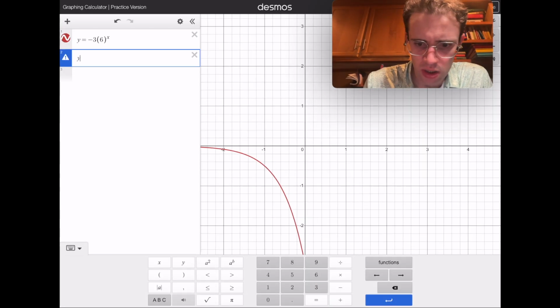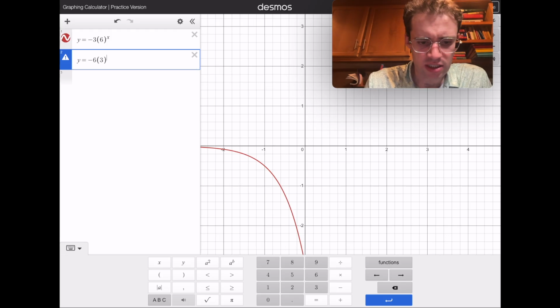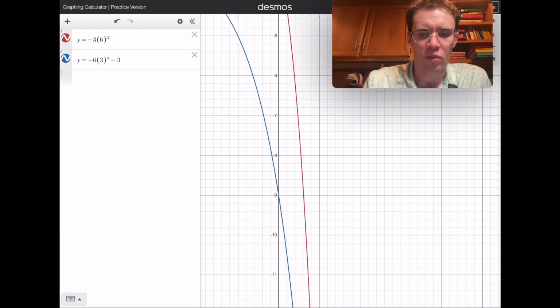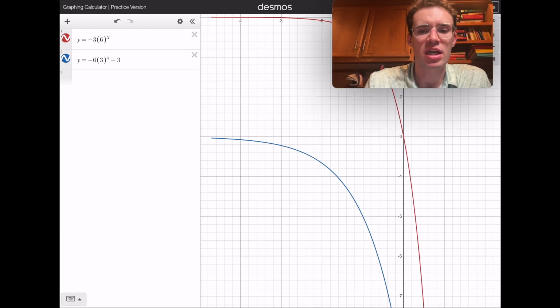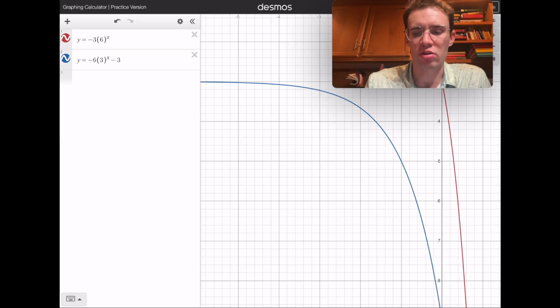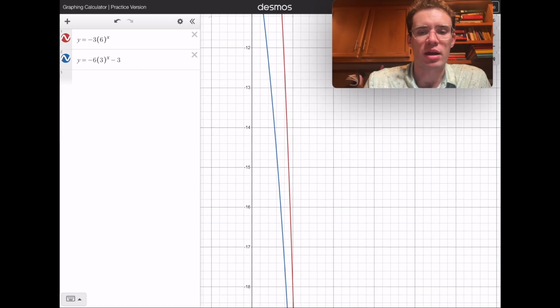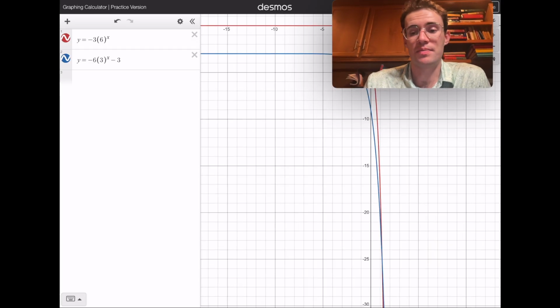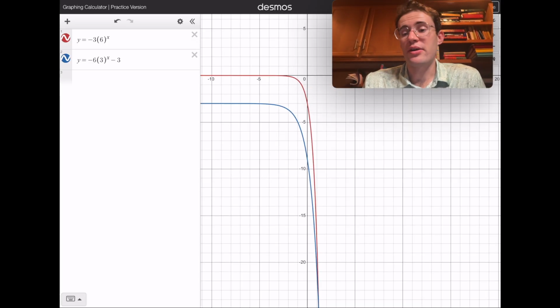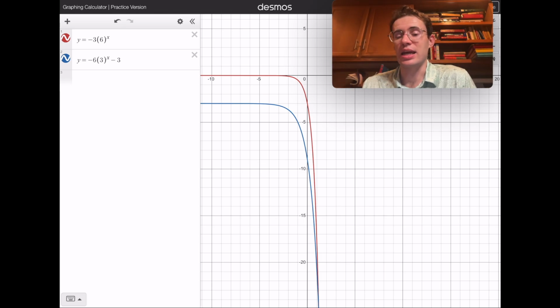And then the first one was y equals negative 6 times 3 to the x, and then minus 3. We said our y-intercept is negative 9. It's approaching negative 3. It never actually crosses negative 3, but it gets infinitely close to it. And then it's going down at a slower rate. Instead of tripling how negative it is each time, the red one is going 6 times as negative each time.